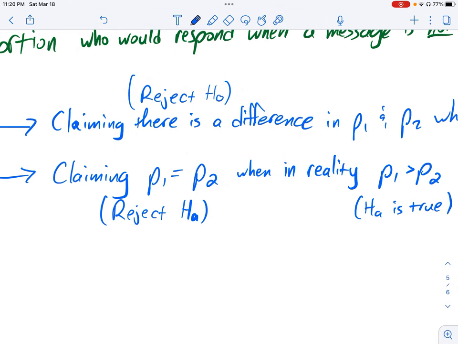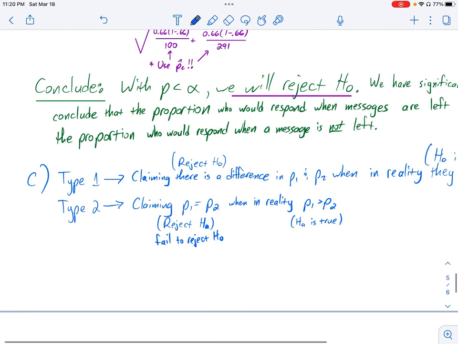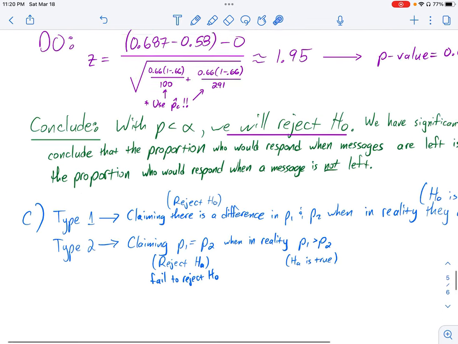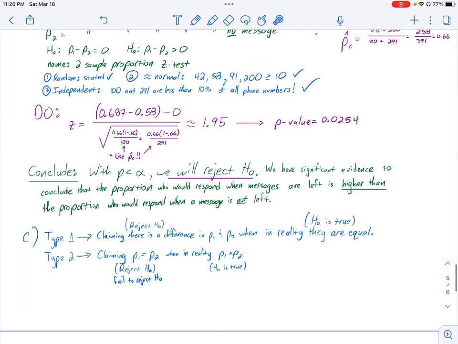You reject the alternative, or more correctly, you fail to reject the null. So in other words, you reject the alternative when the alternative is true. So you will need to know type 1, type 2 error for one question on the test.